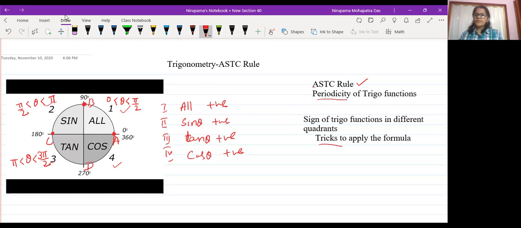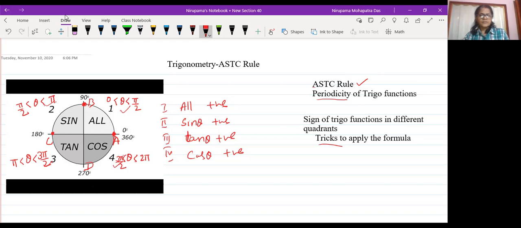Finally you are in the fourth quadrant, where theta is more than 3 pi by 2 and less than 2 pi. So you are again at A, completing one circle, which means 2 pi radian, or 360 degree. Then you can move further also.